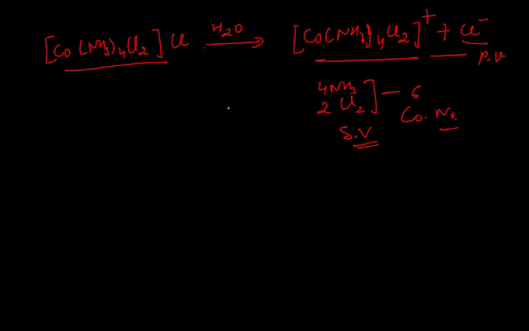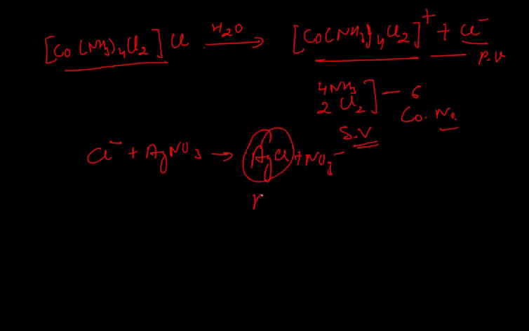Now the precipitation will take place due to the presence of 1 chloride. When this 1 chloride is treated with AgNO3, it will result in the formation of AgCl plus NO3-. This AgCl will result in a precipitate, but there is only one AgCl. 1 mole of AgCl is produced using this 1 mole of complex. Hence the yield of the precipitate will be least.